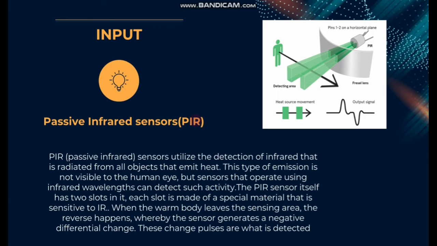The PIR sensor itself has 2 slots in it. Each slot is made of a special material that is sensitive to IR. When the warm body leaves the sensing area, the reverse happens. Whenever the sensor generates a negative differential change, these change pulses are what is detected.